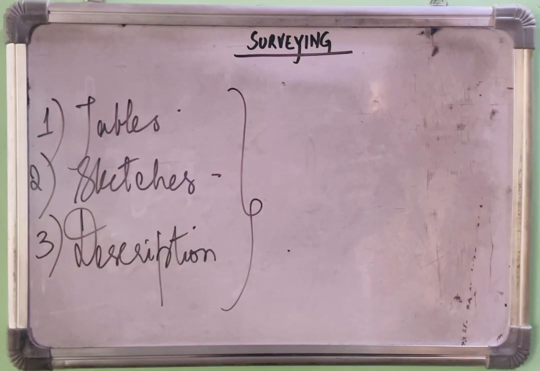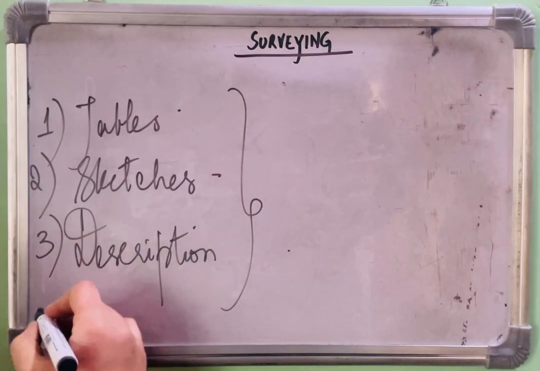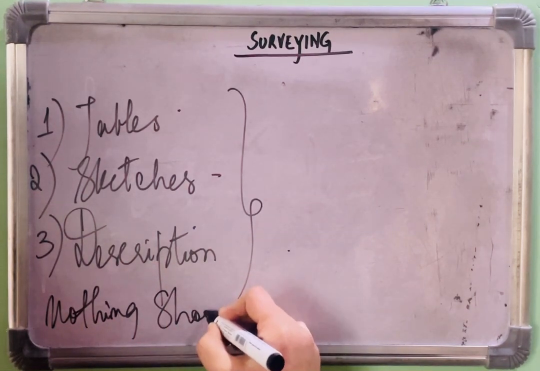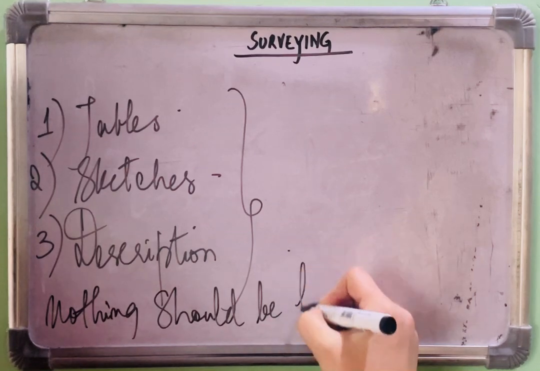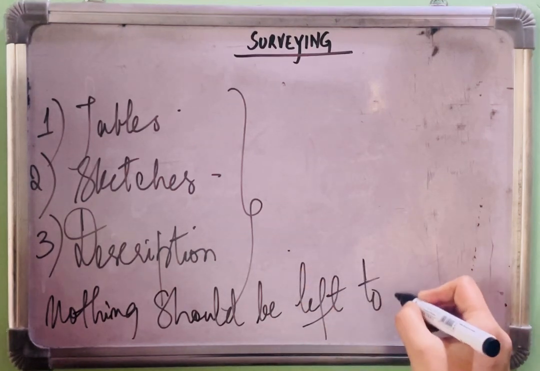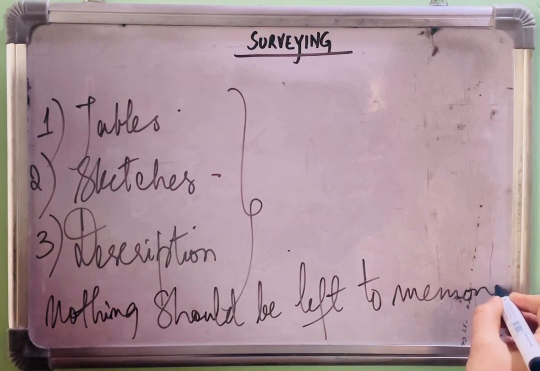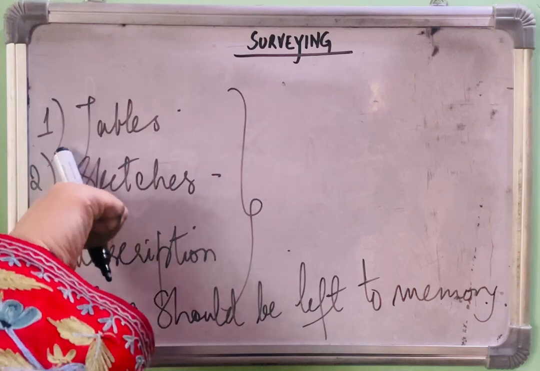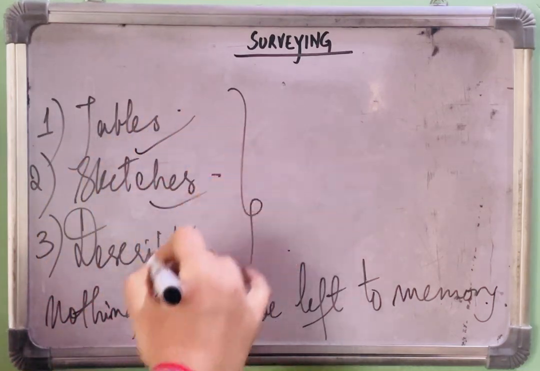The field record must be noted in a proper field book at the time of measurement, and nothing should be left to memory. Nothing should be left to memory, and we must properly record all the measurements in the field book, in the form of tables, sketches, or description, or all of the above, right?